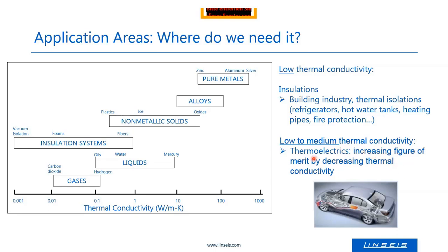And for this, you need low thermal conductivities. But you need also high electrical conductivity for that. And in theory, it's difficult to have high electrical conductivity and low thermal conductivity. So for the most thermoelectrics, we are in the medium or even low range of the thermal conductivity.